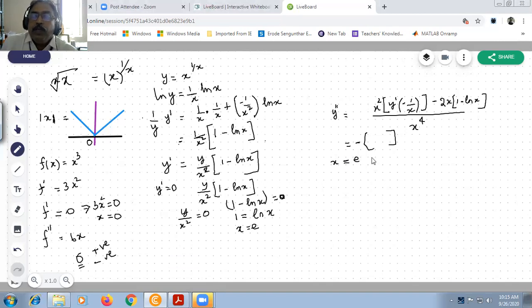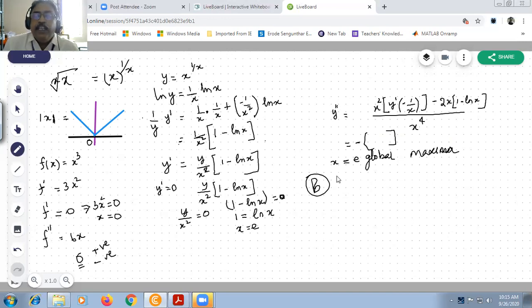Our question is which one is not correct. So global minima is not correct. So B is the answer, which is not the correct thing. Okay, right? B is the answer.